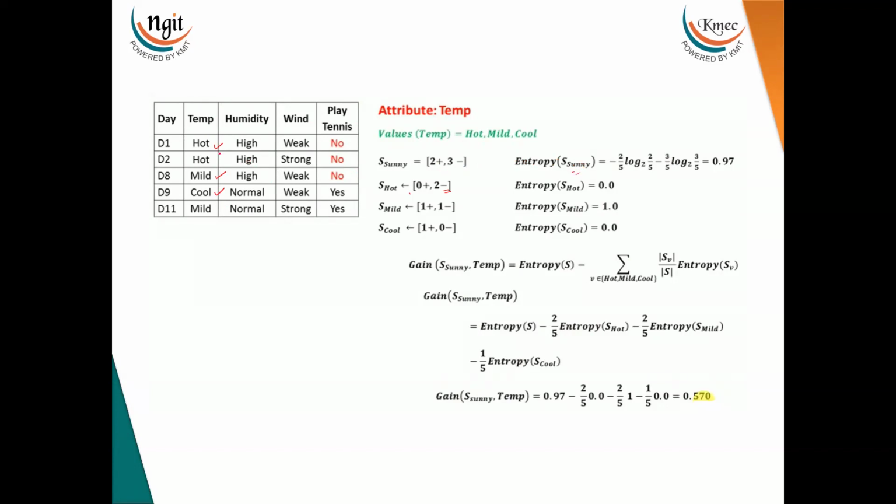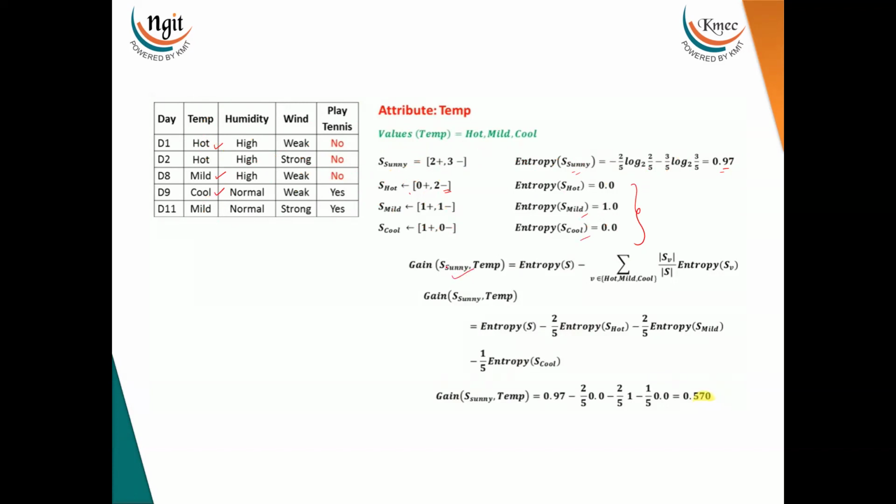So this is the entropy of this particular set. We got it as 0.97. This is the entropy of the whole data set. Now similarly for hot, 0 plus 2 minus, for mild 1 plus 1 minus, and for cool 1 plus 0 minus. In that way we find the entropy of S hot, S mild and S cool.